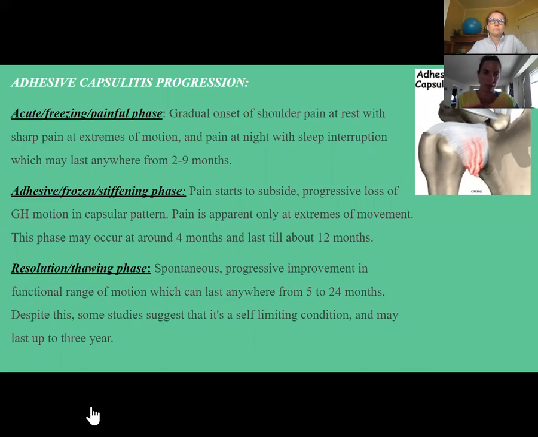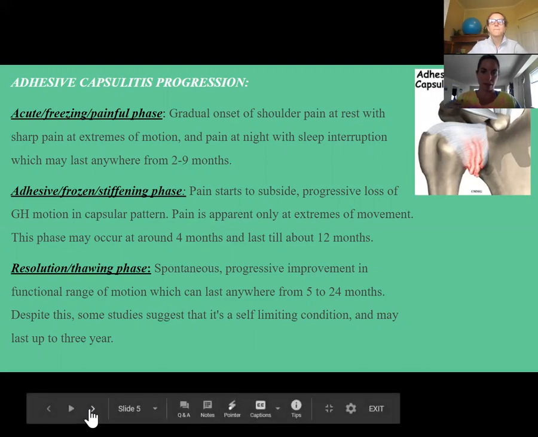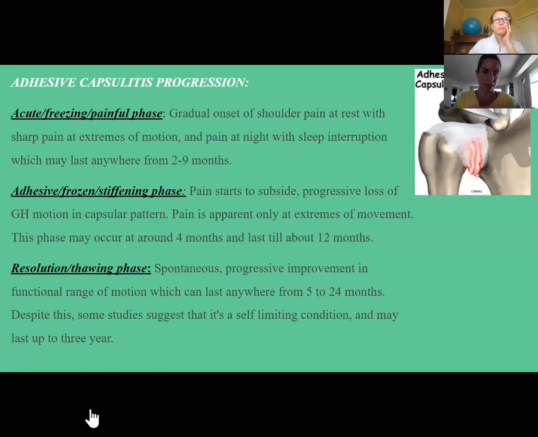Pain is felt only when the movement becomes extreme. This usually occurs around 4 months and can last up to 12 months, a year.